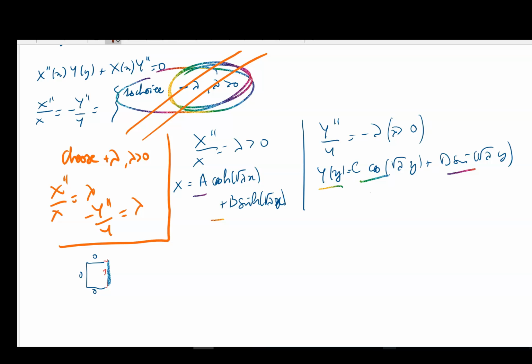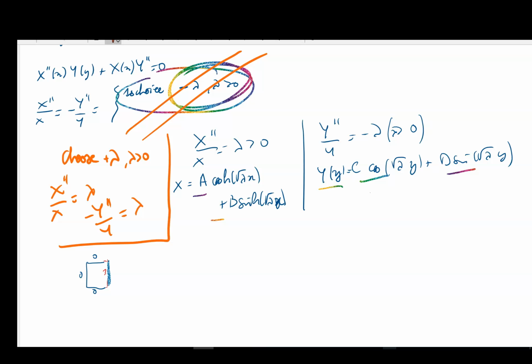So whenever your boundary or initial conditions concern one of the variables, this is the one that should be expressed with cosines and sines. So that should lead you to choose the right value for the lambda.